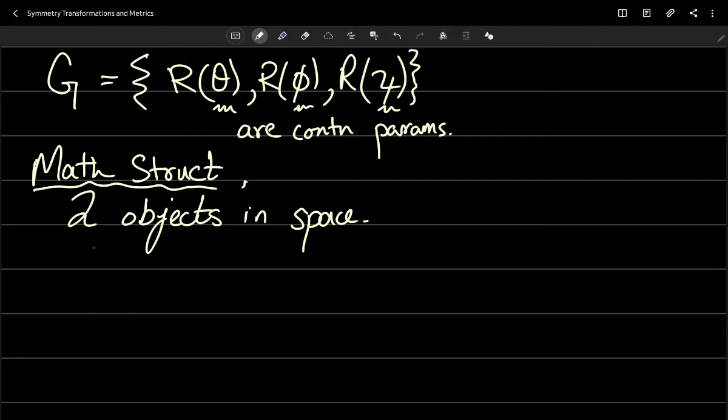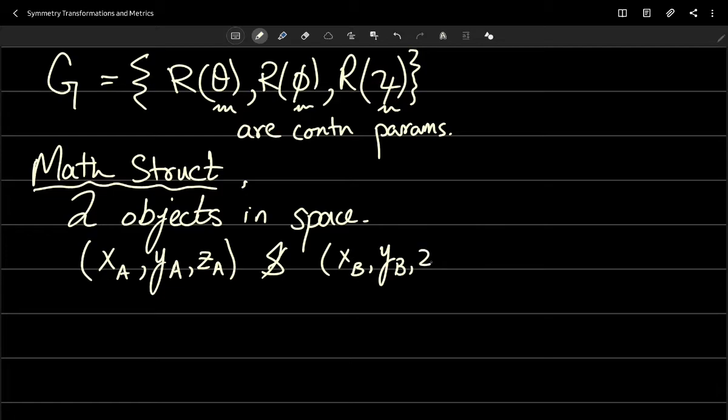So we could specify the positions for, say, object A with XA, YA, and ZA, right? And for object B, we could have XB, YB, and ZB, right?